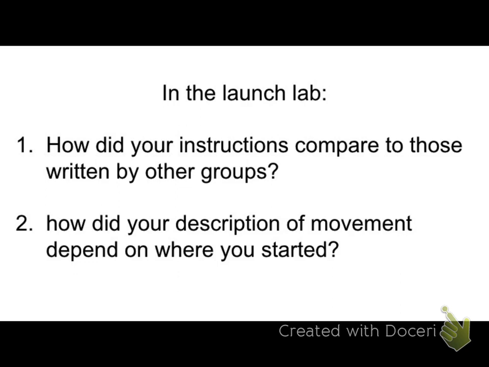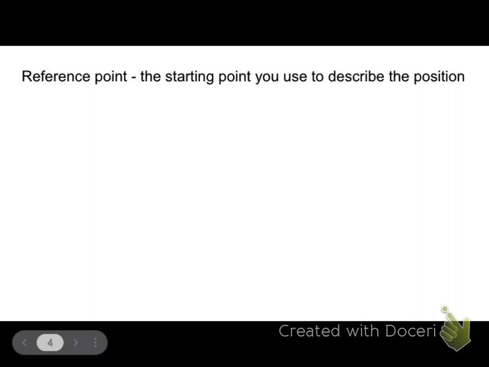So the idea for this lab is that the paper that you started on is what we would call a reference point. A reference point is the starting point you use to describe the position. And a reference point is very important because if you don't have a reference point to compare to, it's going to be confusing to give someone directions to an object.